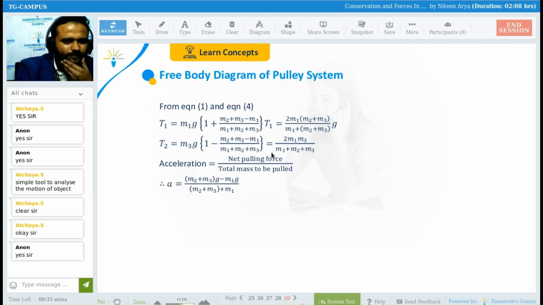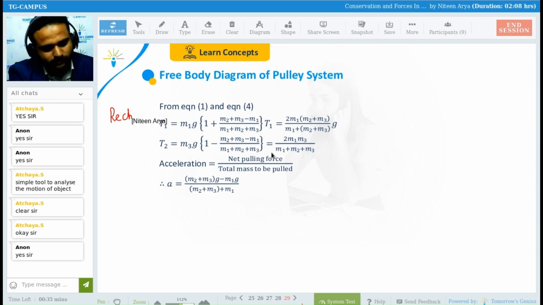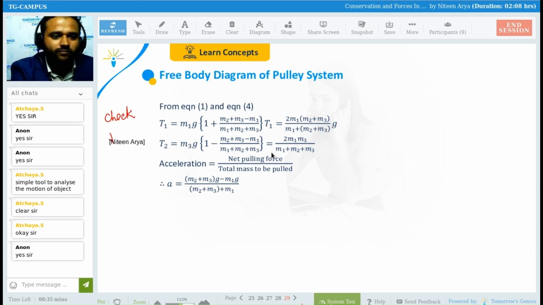From equations 1 and 4, we can find the acceleration, or you can say net pulling force divided by the total mass. So better recheck this and check this once. If you feel anything is unclear after solving every particular equation, you can let me know in the next class.